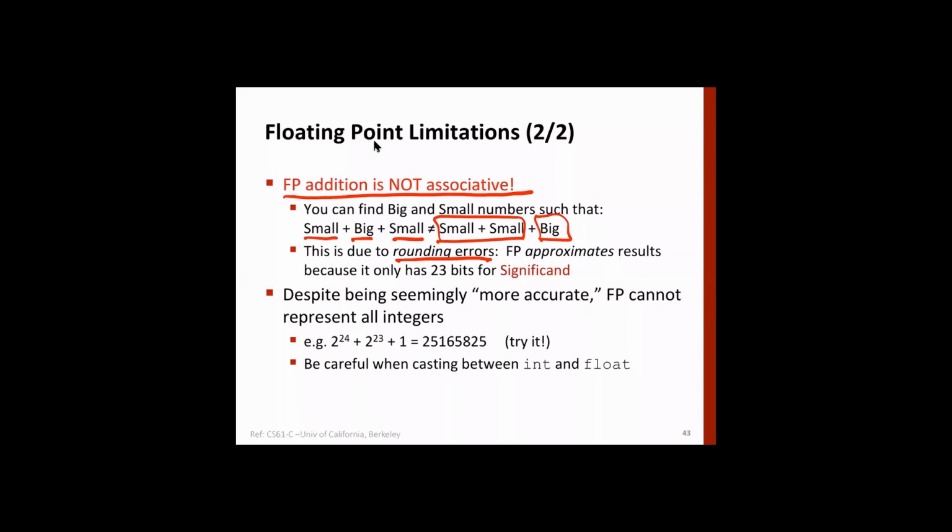Say for example, despite being quite accurate, it still cannot represent all integers, right? So if you do this calculation, then you will get this result, and try to work out what the right result should be in that case.